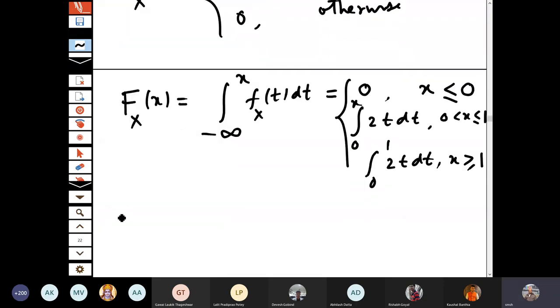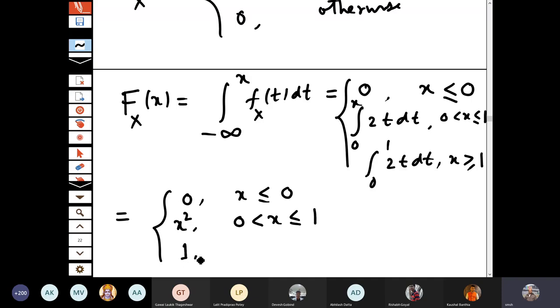So this will become 0 for x less than or equal to 0, x square for 0 less than x less than or equal to 1, and it is equal to 1 for x greater than 1. Here I can put the equality like this, and here I can put this. It will not make any difference.